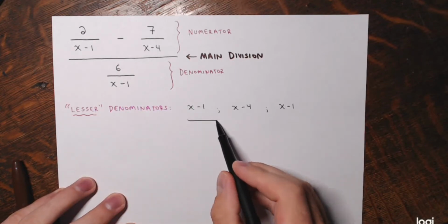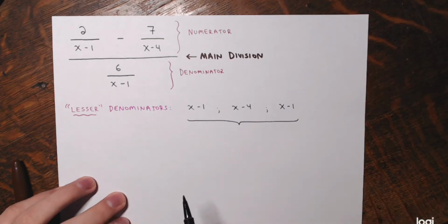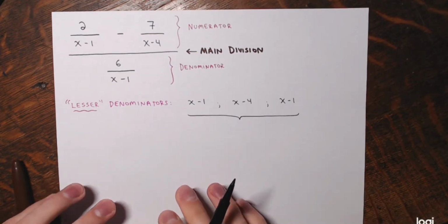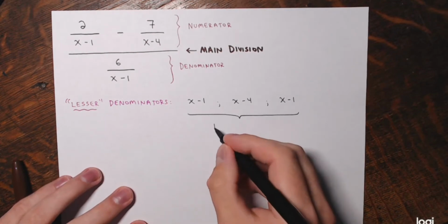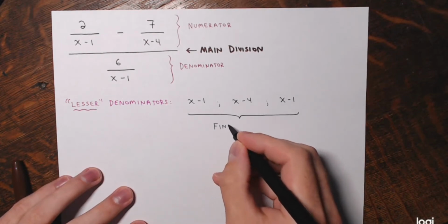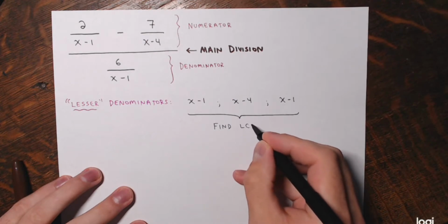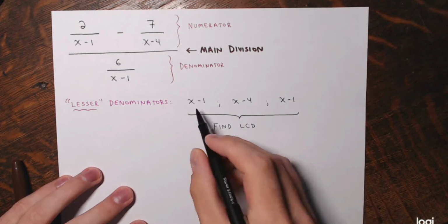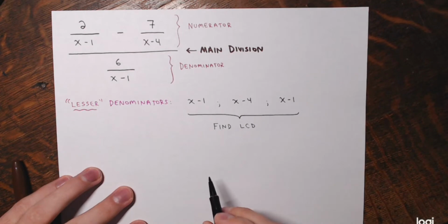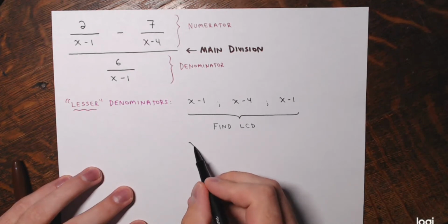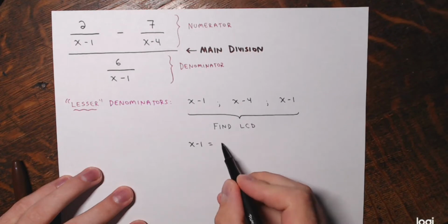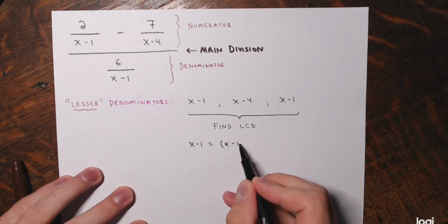So what we're going to do first with this particular method, where we're asked to simplify this by using the least common denominator, I'm first going to find the LCD of these three denominators. So real quickly here, the first denominator, x minus 1, factors to just x minus 1.